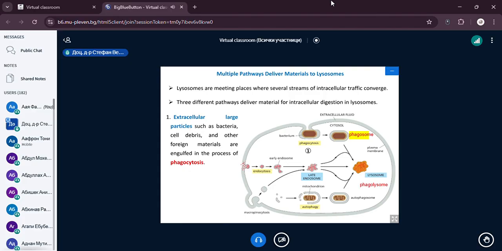So that's one of the mechanisms for delivering substances to lysosomes for degradation.